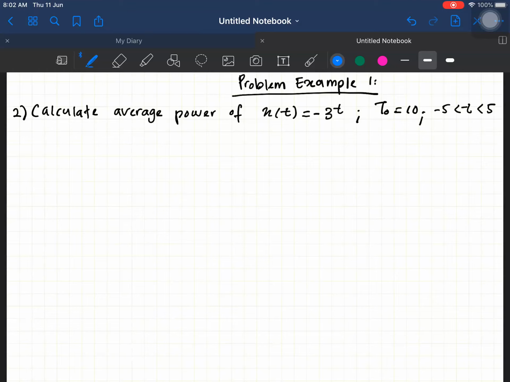Let's first write the equation for average power.